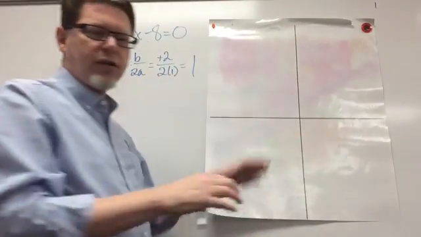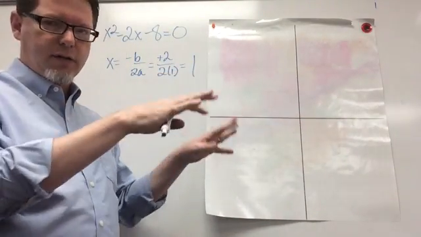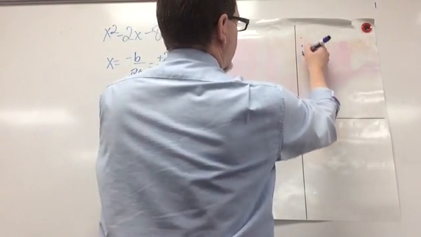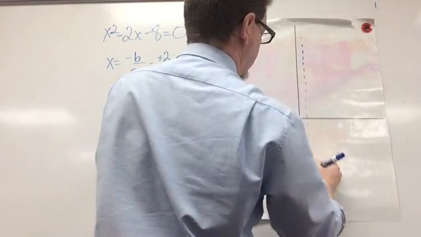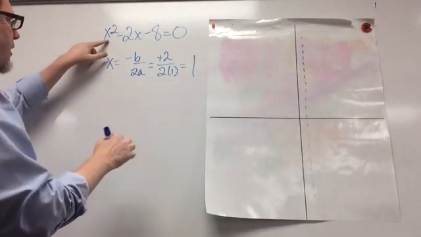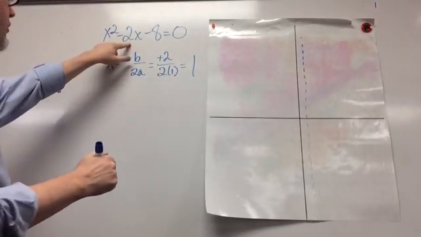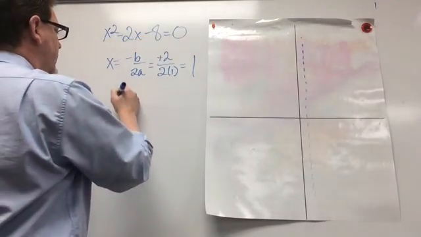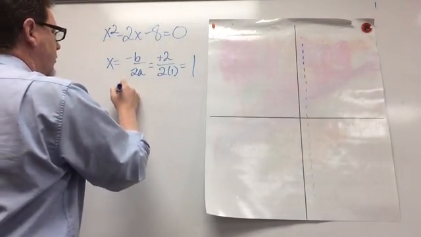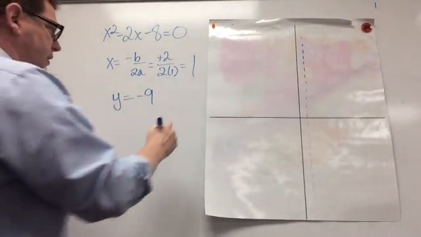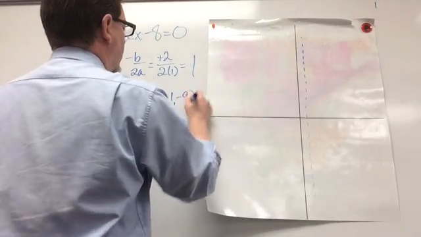Okay, so we know that that's where our axis of symmetry is, and so I'm going to go ahead and draw that. You can just draw a simple coordinate plane. You don't have to put all the coordinates in there. We're just going to do this as a sketch. So this is my axis of symmetry. I plug that 1 in, and I get 1 squared minus 2 is negative 1, minus 8 is negative 9, so y equals negative 9, and my vertex is (1, -9).